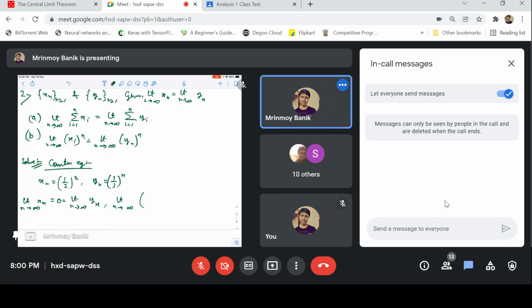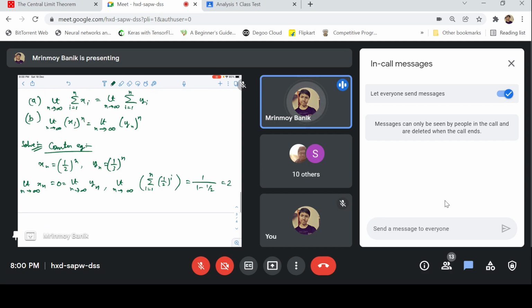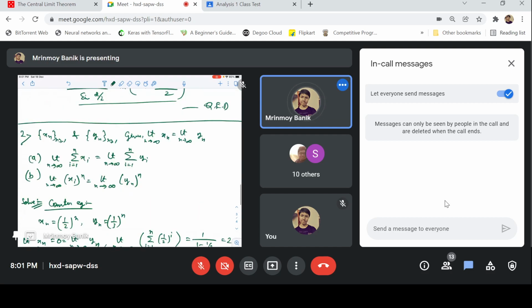So we have got two in case of xn and, I runs from 1, right?